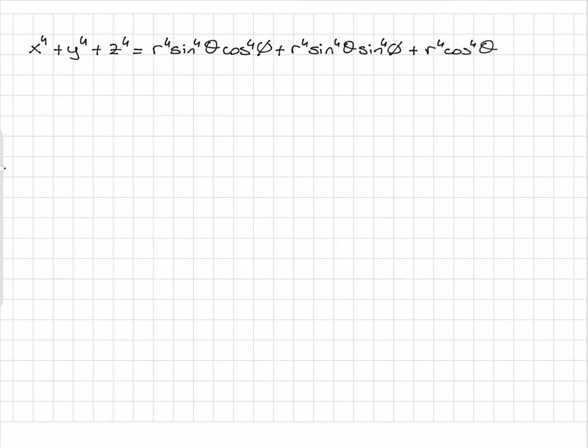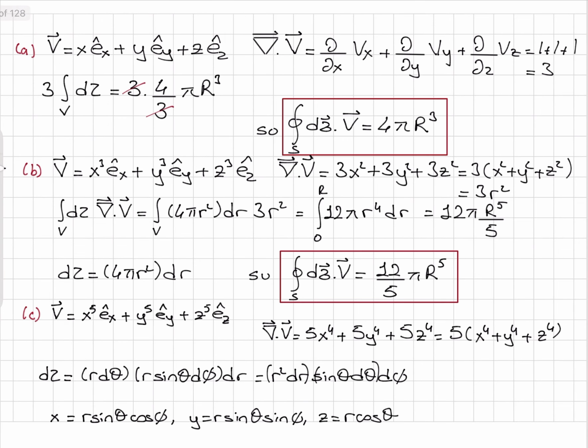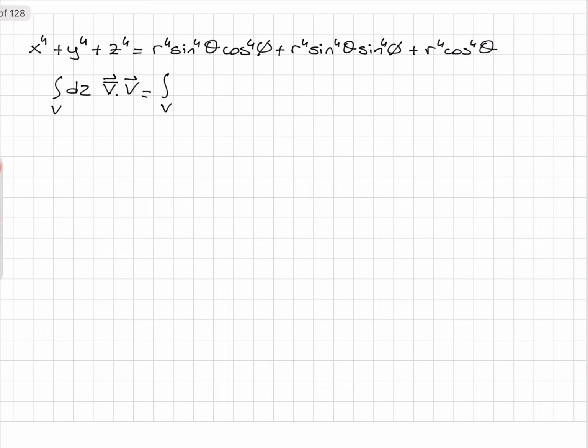Okay. Now we're going to do the volume integral of d tau times the divergence of v using the Gauss theorem. We already have d tau equals r squared dr sine theta d theta d phi.